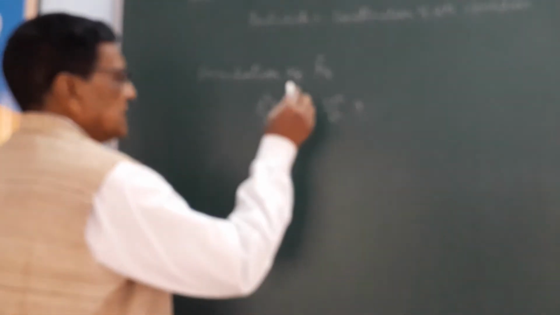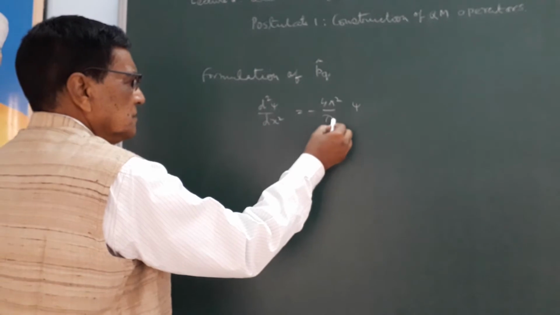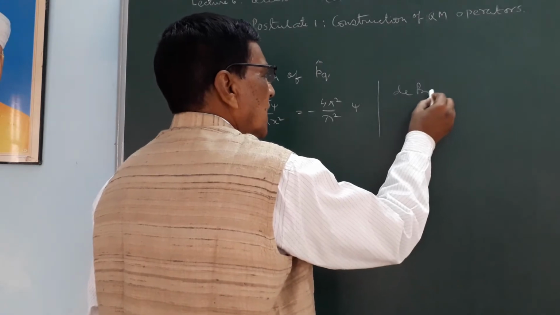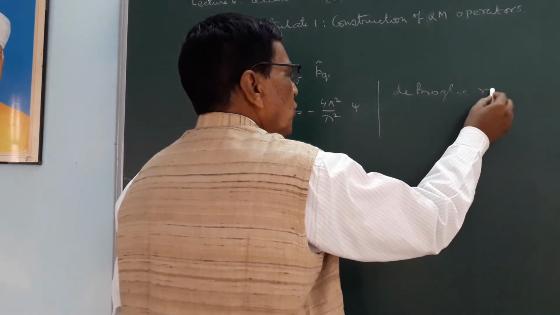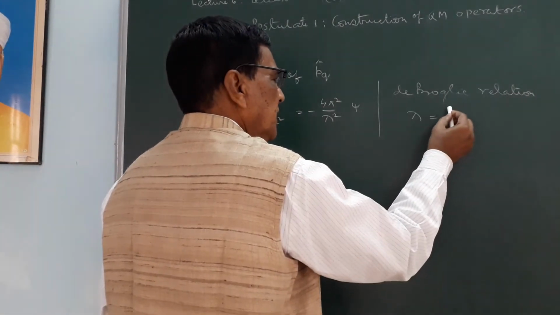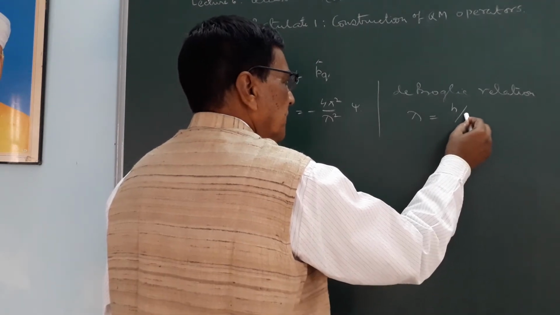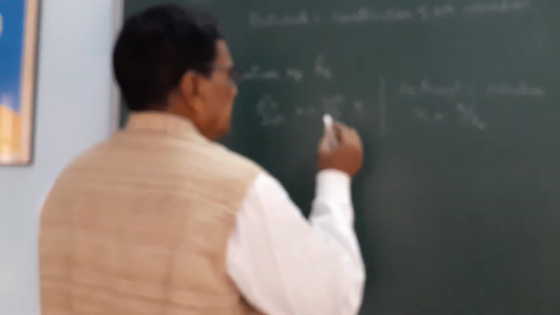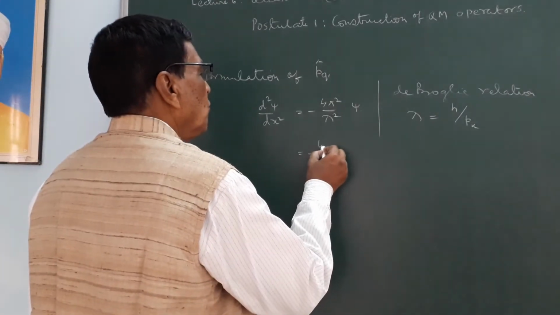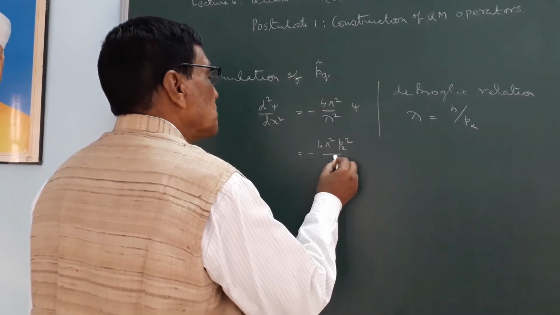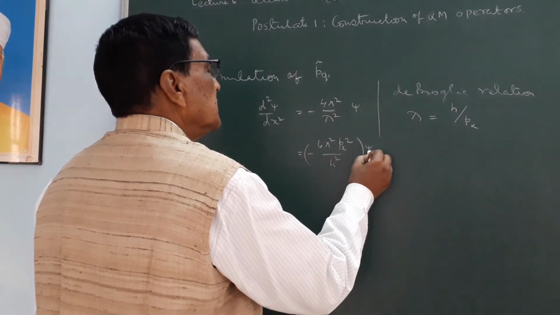So this lambda, according to the de Broglie relation, is replaced by h upon px, where px is the linear momentum along the x direction, and this one becomes minus 4 pi square px square divided by h square into psi.